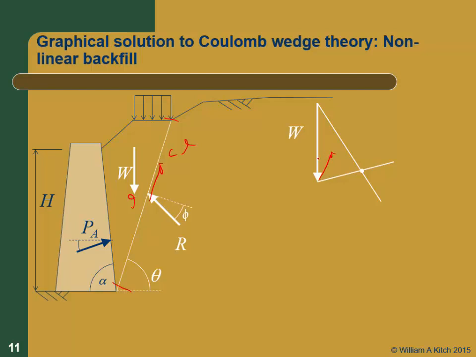This is going to be C times L. You know the direction of PA, and now this right here is PA. So you come to your next wedge. C times L is a little farther back. Now this is PA. The only trouble with this one is it's a little harder to figure out where the maximum PA is, because the PAs don't all start from the same place. But you can do the same thing. You can do cohesion on this without a problem.